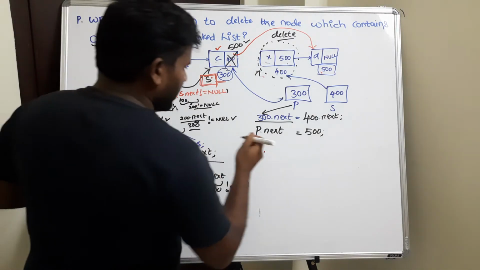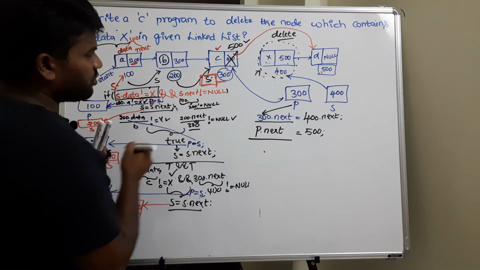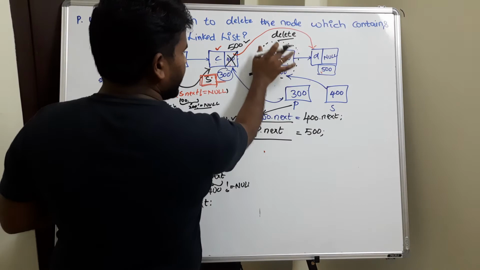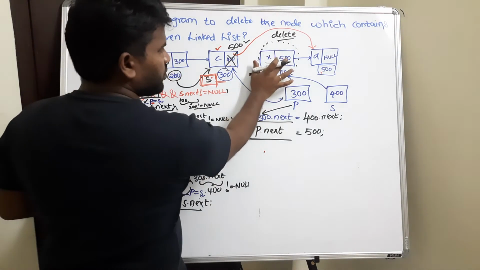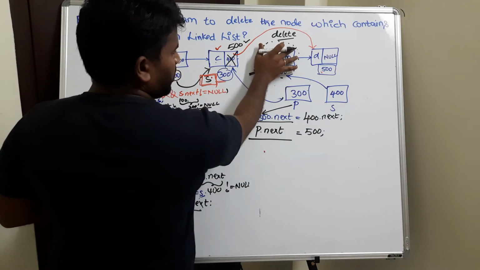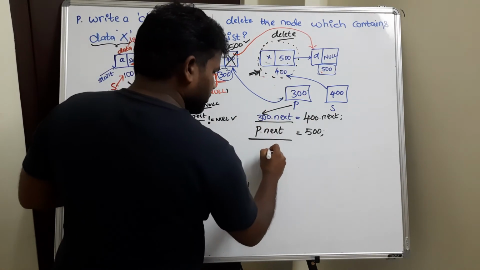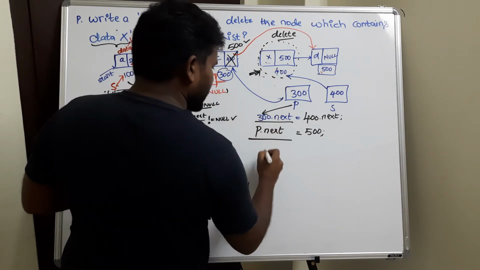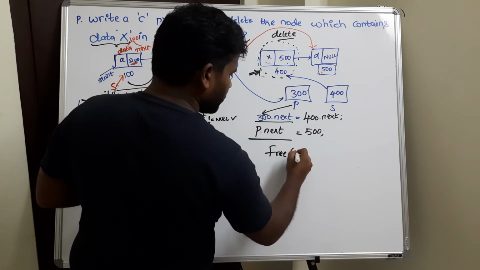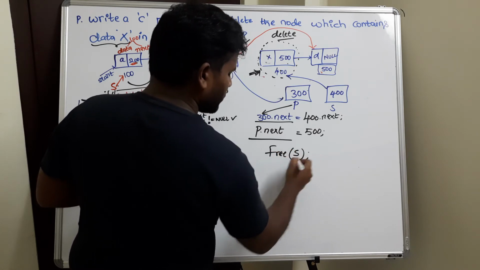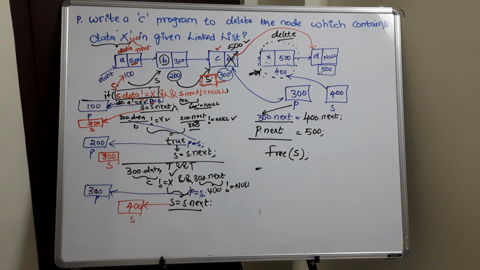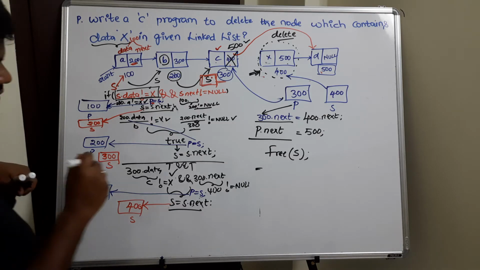So once you have allocated this, what you need to do? You need to delete this node. If you leave this, then what will happen? This S is pointing to some location, some address. If you delete that, then that will be the deletion.